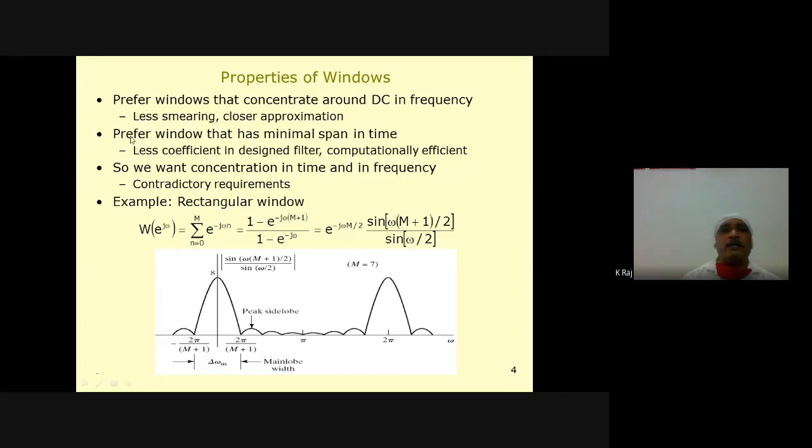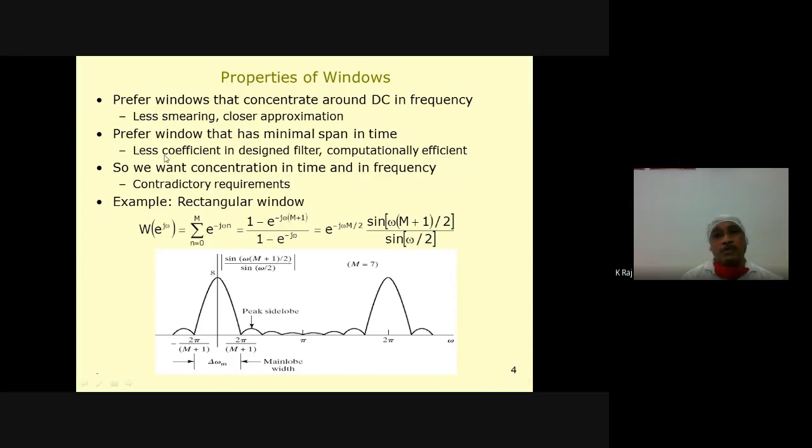And prefer a window that has minimal span in time. Here the first property is related to frequency, whereas the second one is related to time.